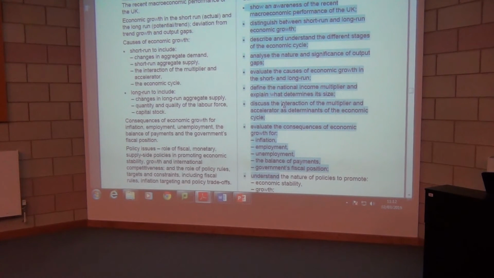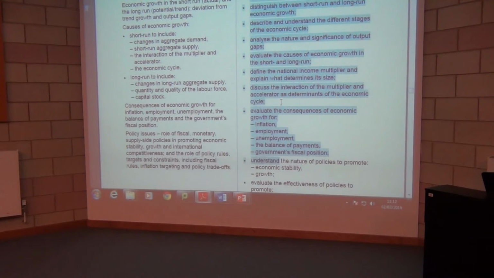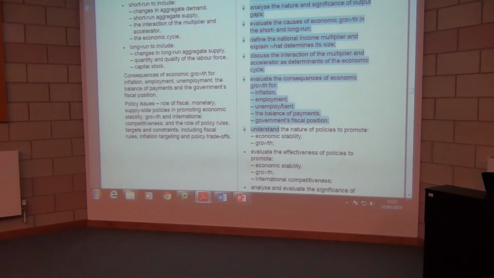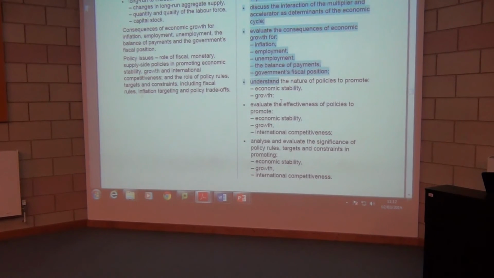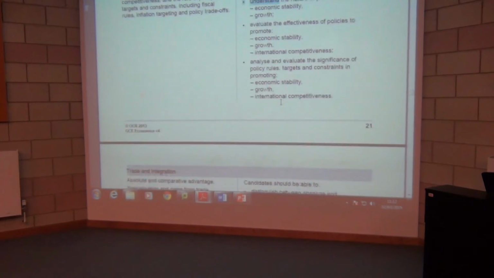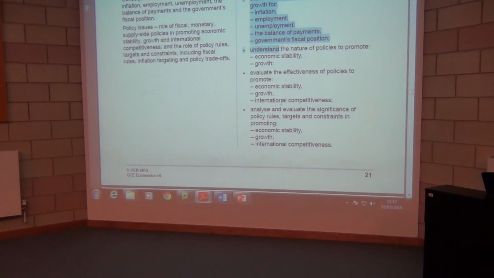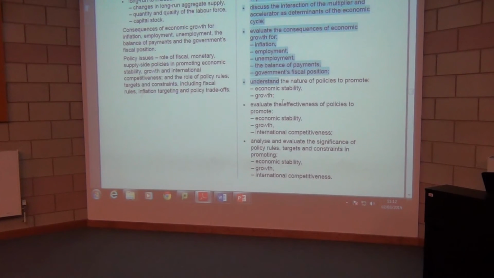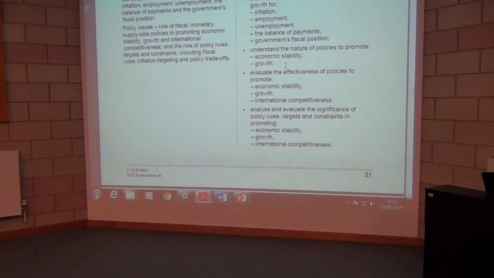No. Describe and understand the different stages of the cycle? Probably not. Define the national income multiplier? Probably not. And we carry on. Anything else there? Olivia? On that list that we've highlighted? Probably not. No. Absolutely right.